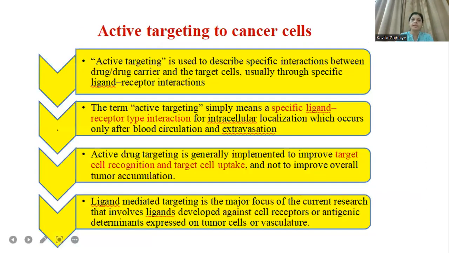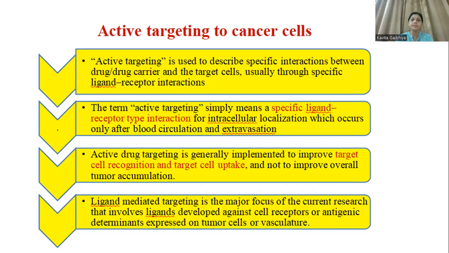Some active targeting, yes, active targeting to cancer cells. Now, what is active targeting? Because basically passive and active targeting are very useful. Active targeting is used to describe a specific interaction between the drug carrier and the target cell, usually through a specific ligand receptor interaction.